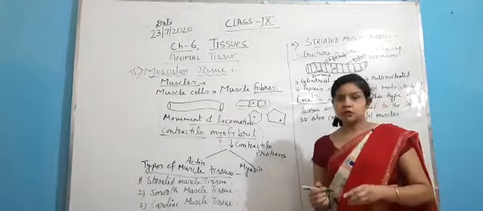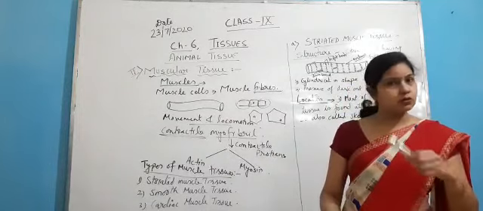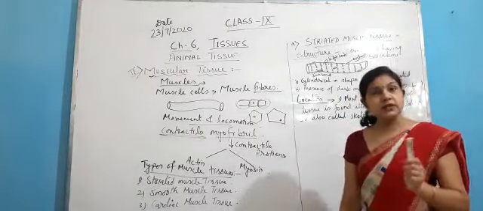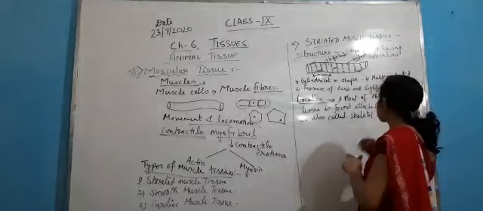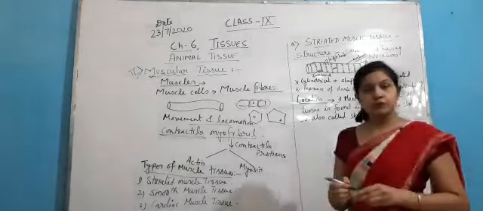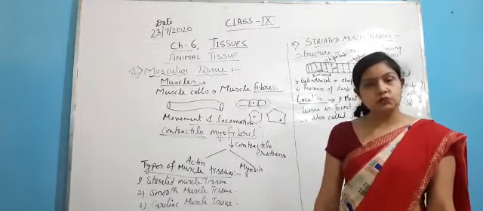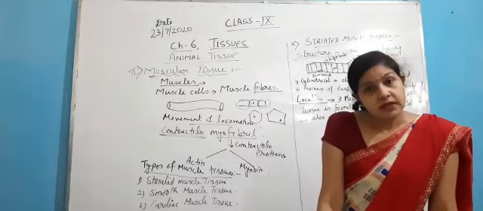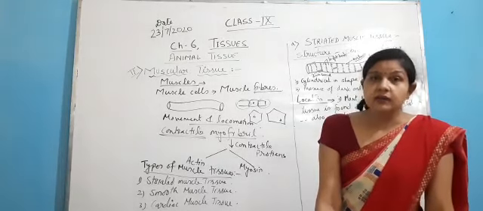So first, they are called striated muscles because of the reason which I have given you. Secondly, they are also called skeletal muscles because most of the striated muscle tissues are found attached with the skeleton.